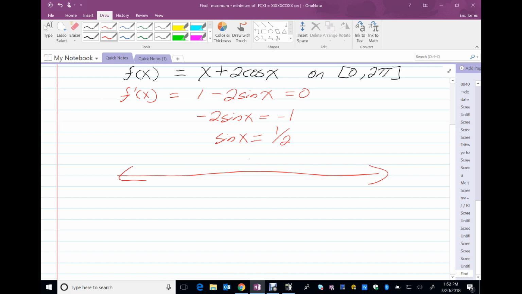I've got a point, and the first one we said was pi over 6, and that's a point where the derivative goes to 0. And 5 pi over 6, where the derivative goes to 0.